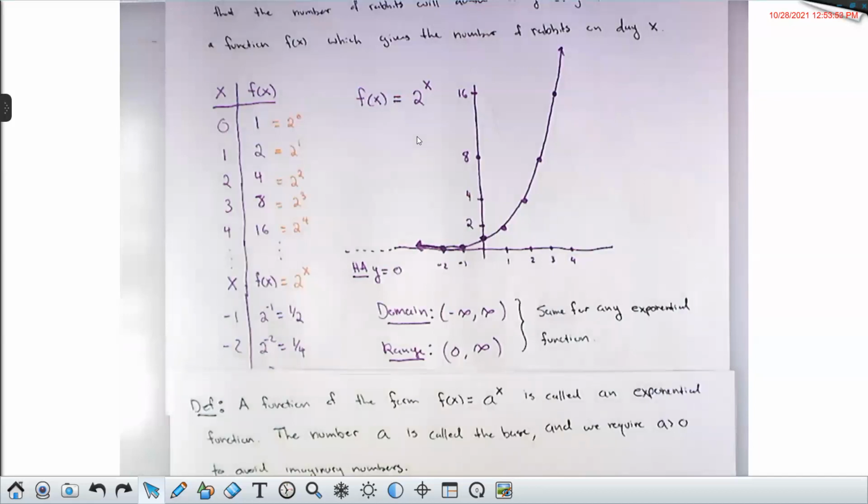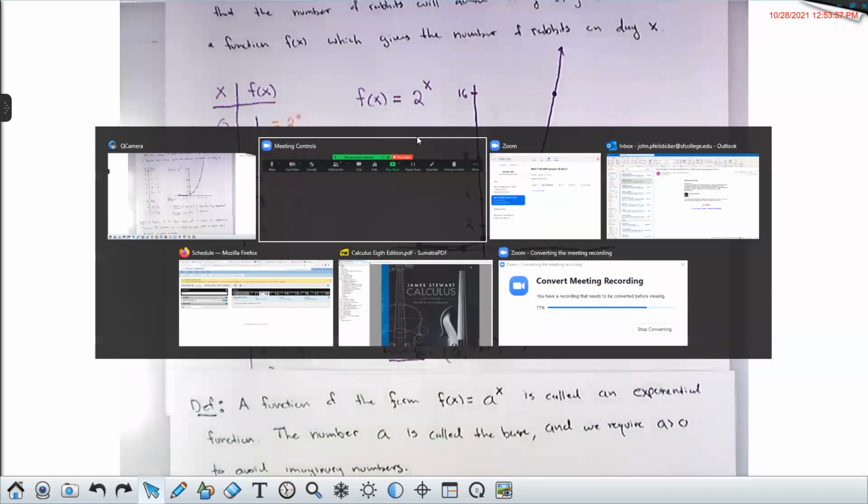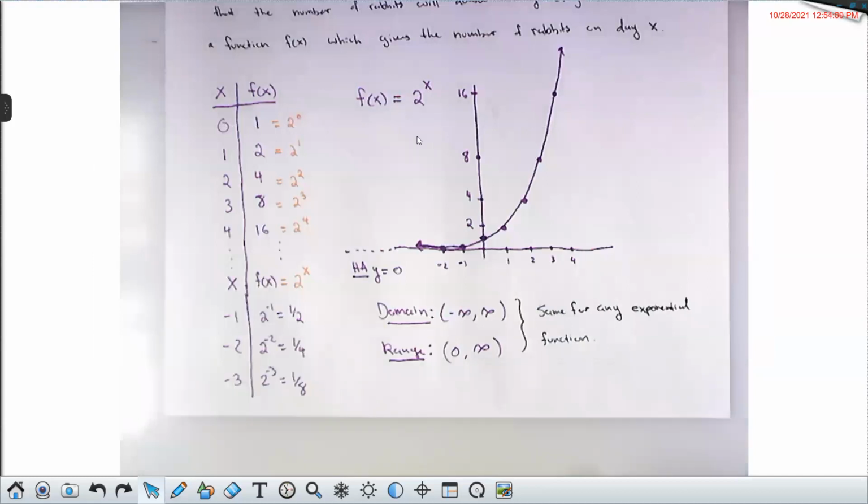I'd like to show you the graph of 2 to the x in Desmos. Let me write down what I'm saying first here, and then I'll show you the graph.